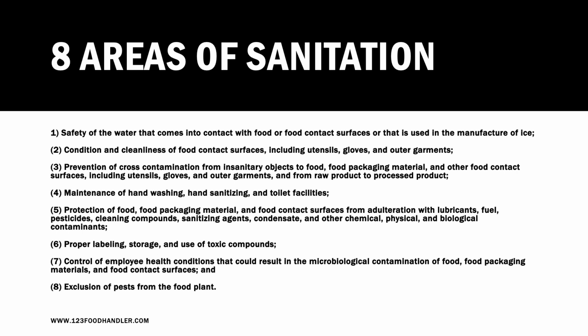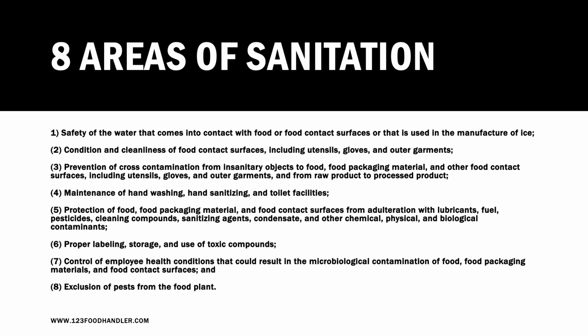Area number 4, maintenance of hand washing, hand sanitizing, and toilet facilities. Area number 5, protection of the food, protection of the food packaging material, and protection of the food contact surfaces from adulteration. Examples given: lubricants, fuel, cleaning compounds, sanitizing agents, condensate, and other chemical, physical, and biological contaminants.